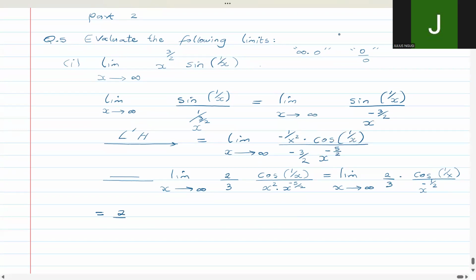Again, you can write this with 2/3 factored out, and then the limit operates on this function: the limit as x approaches infinity of cosine of 1/x divided by x to the power minus 1/2. By the limit rule, you find the limit of cosine of 1/x as x approaches infinity, divided by the limit of x to the power minus 1/2, or better said, 2/3 times the limit as x approaches infinity of x to the power 1/2 multiplied by cosine of 1/x.